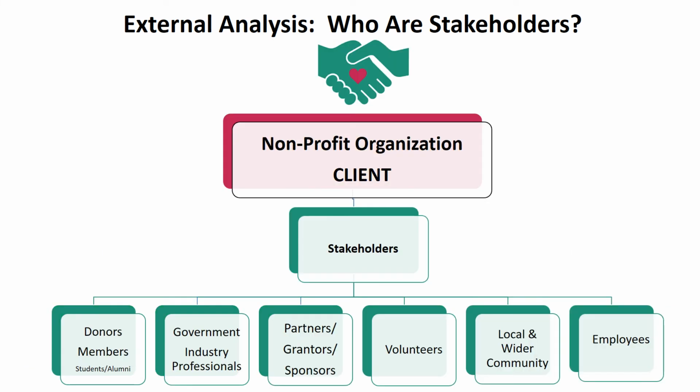Nonprofit institutions can vary greatly in size and depth and have their own set of stakeholders that includes its own members, its donors, government and industry professionals, partners, grantors, and sponsors, its volunteers, the community, and the employees of the organization.